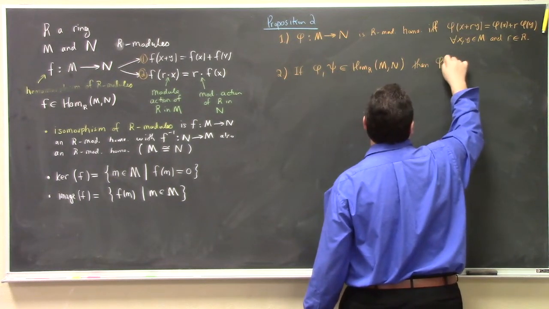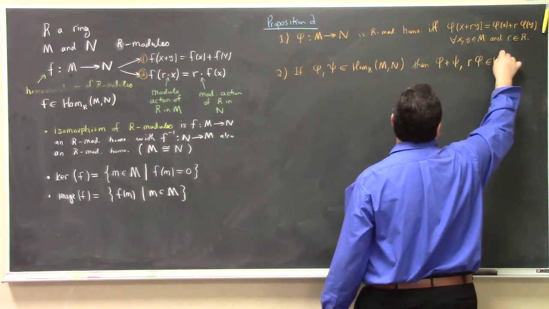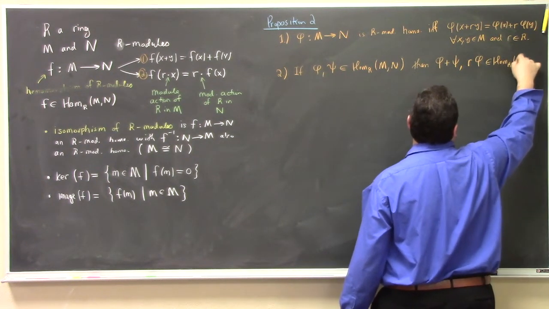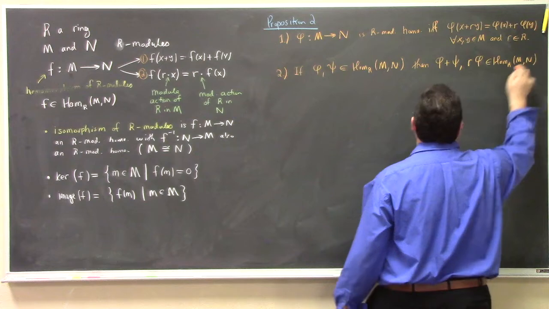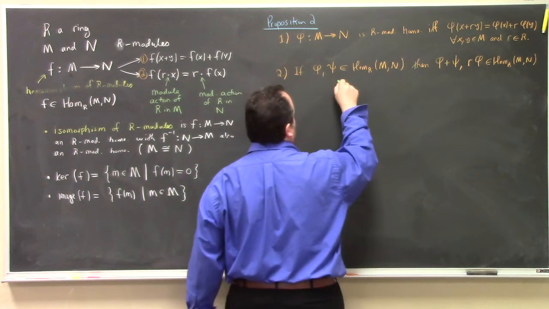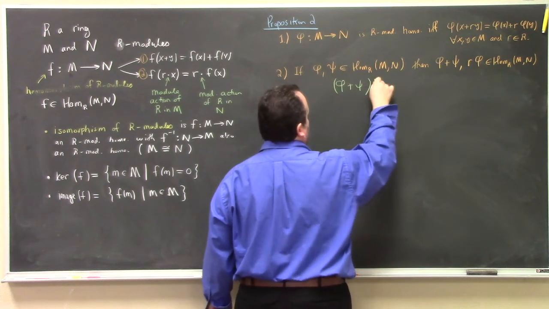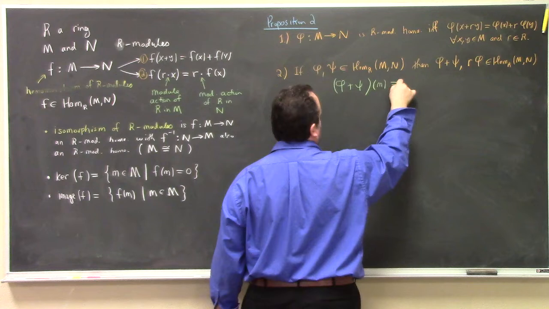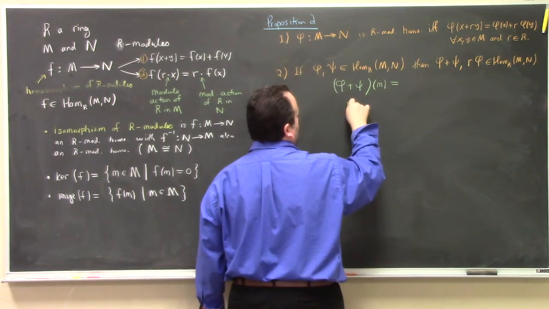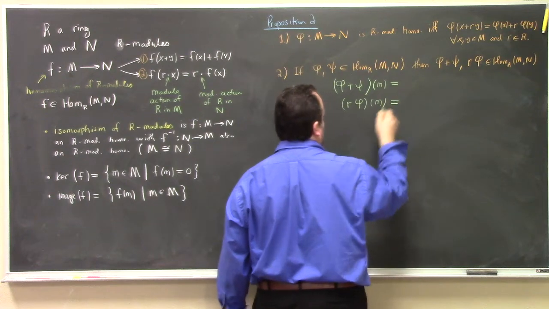So phi plus psi and r phi are also in the R module homomorphisms from M to N. How would you define these? What's the definition of phi plus psi? What's the definition of r times phi?